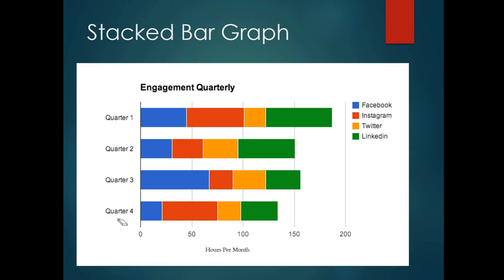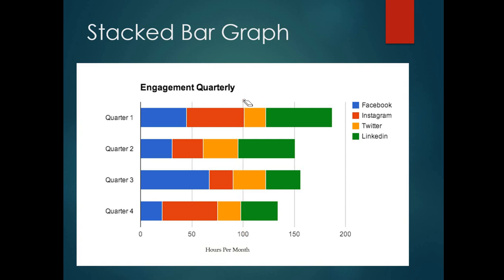Normally, stacked bar graphs are changed to percentages, so then they all end at 100%, and it's a little easier to compare the different categories to each other. But this graph was done with just total hours.